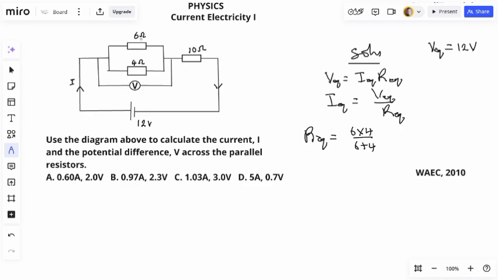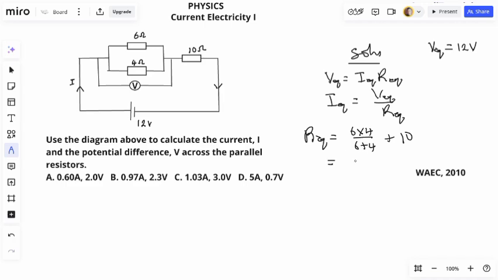These two are in parallel, but in a combined manner, they are in series with the 10 ohm resistor. So this will be 6 parallel 4 ohms in bracket, then outside the bracket plus 10 ohms, that will give us the equivalent resistance.